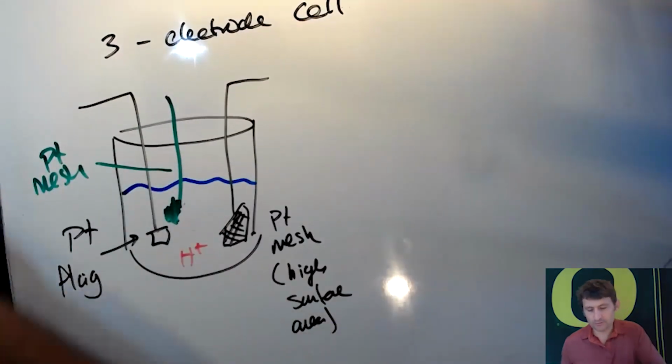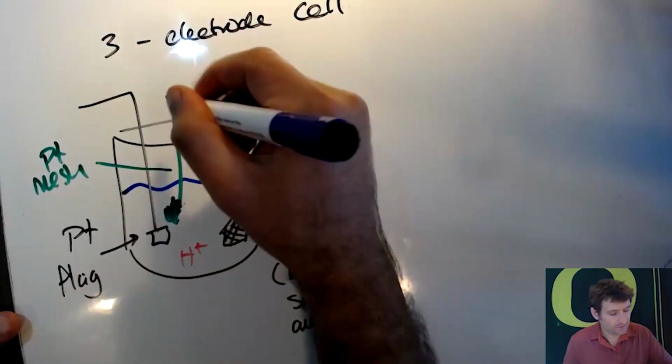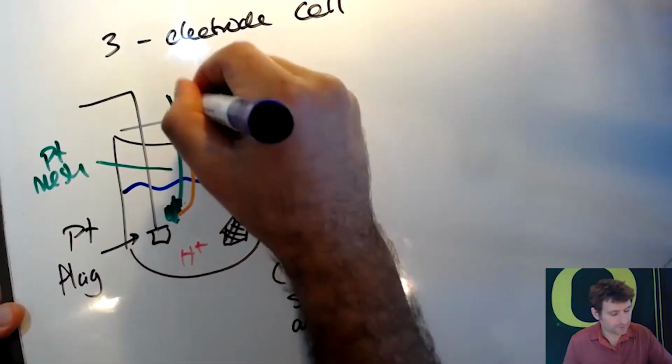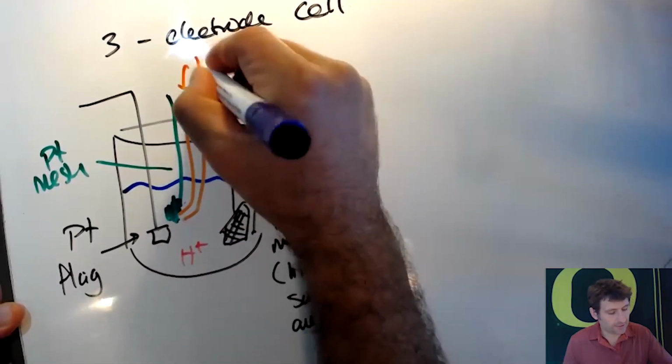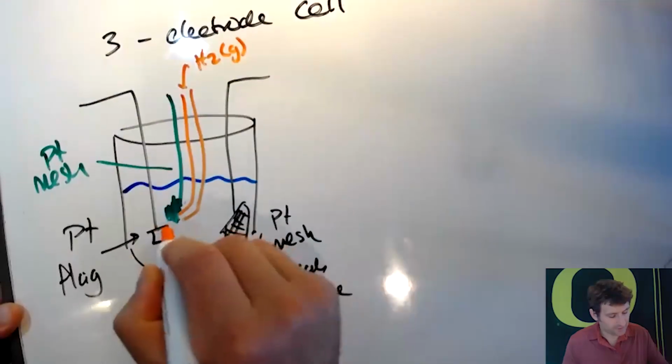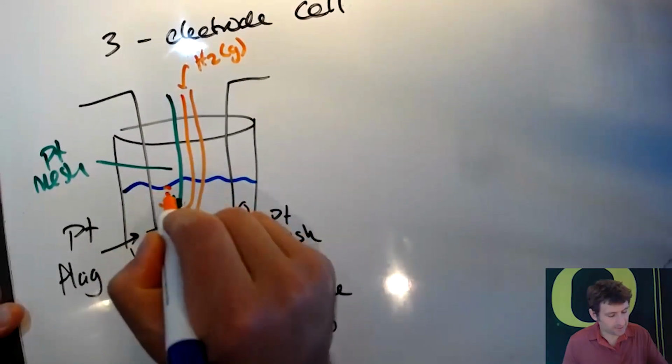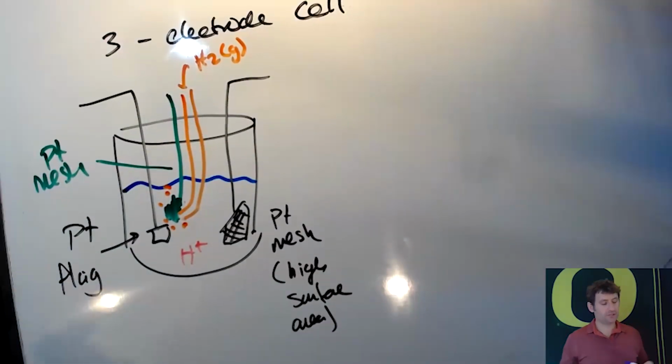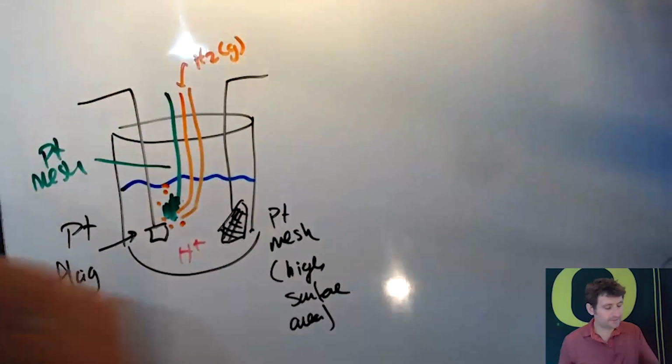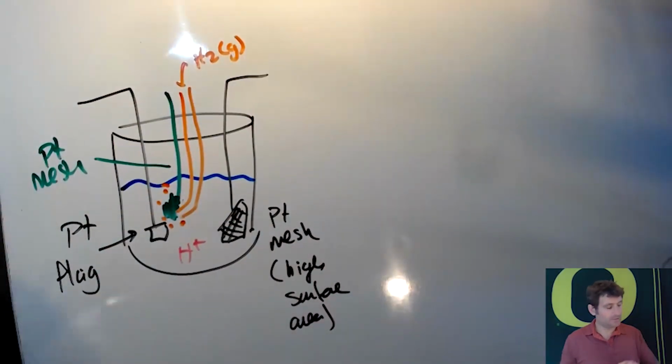And what I'm going to do is take a little tube and put H2 gas in there. And so there's going to be some H2 gas bubbles around that platinum mesh at all times. And what that's going to do is set up an equilibrium on the reference.